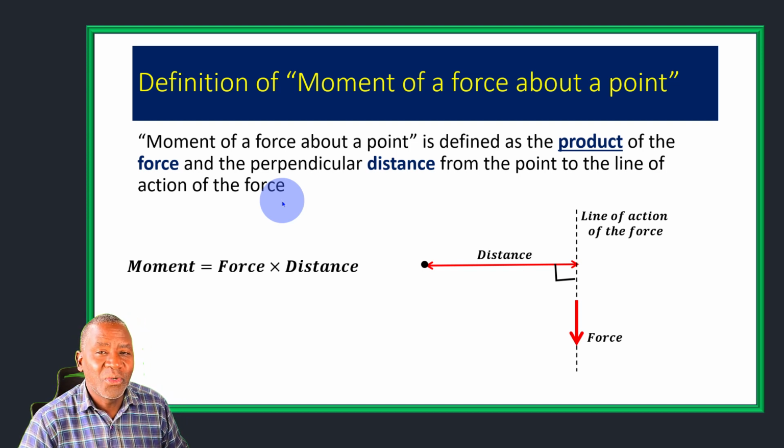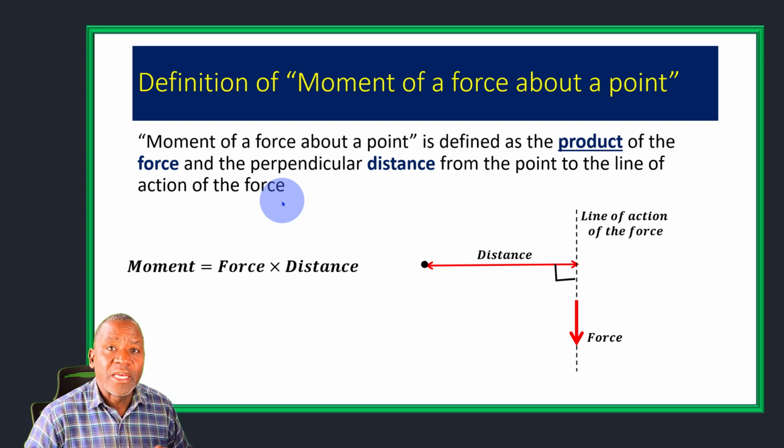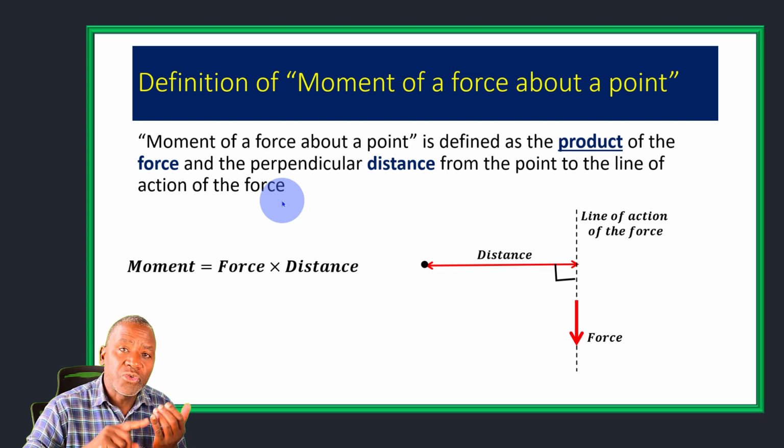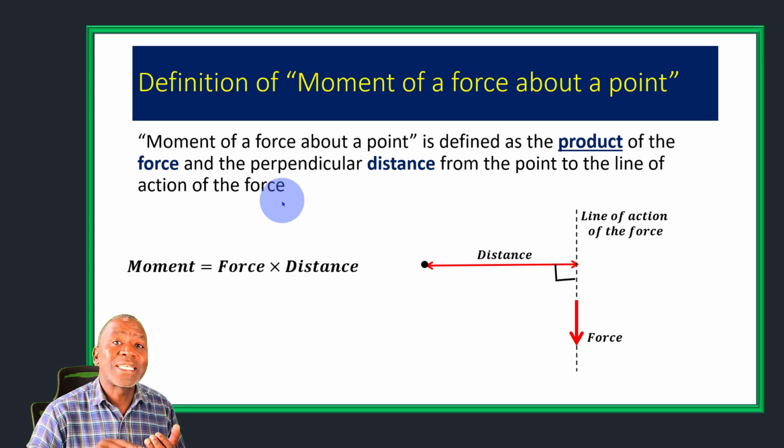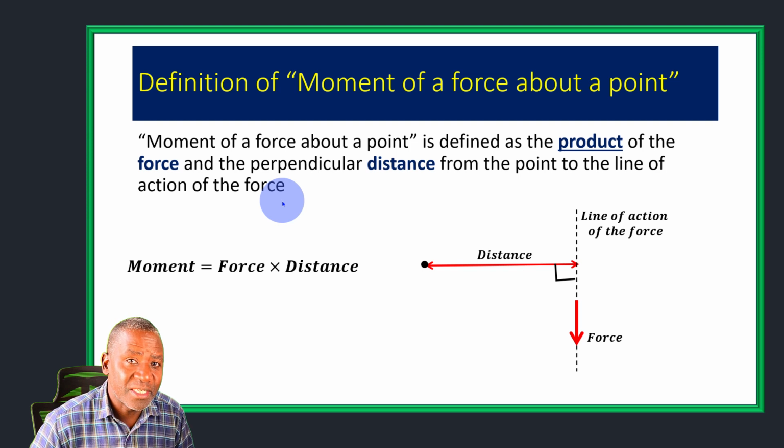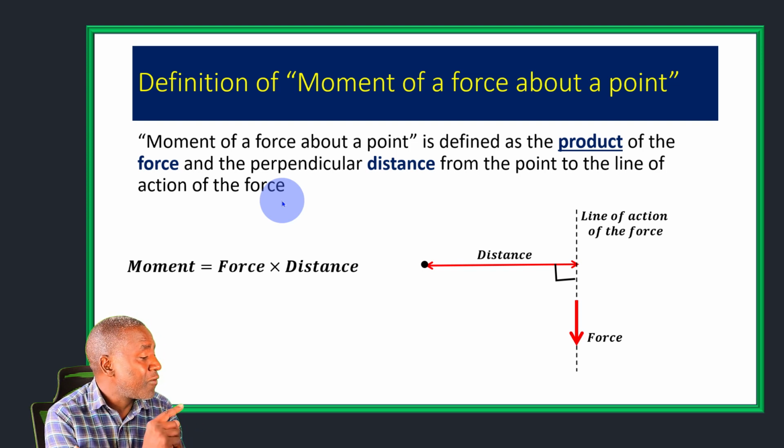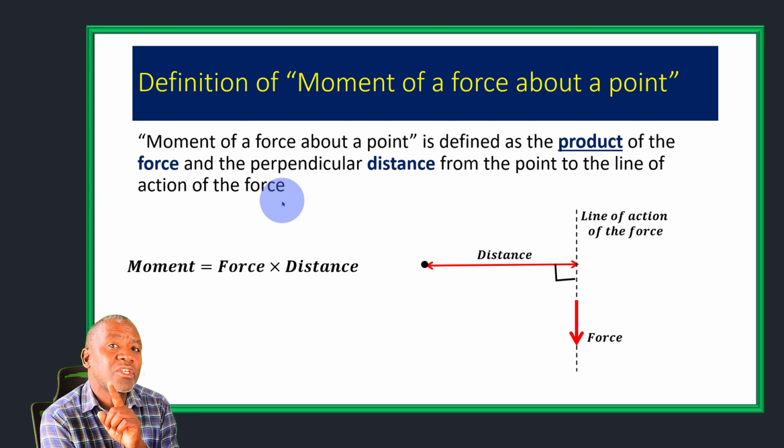Agreed? Good. Now, what is the SI unit of force and what is the SI unit of distance? This is very easy. The SI unit of force is Newton, while the SI unit of distance is meters. That means that the SI unit of moment is the product of the SI unit of force and the SI unit of distance.